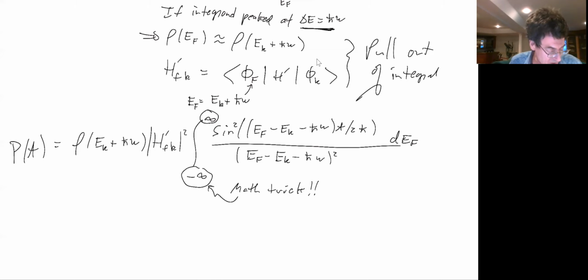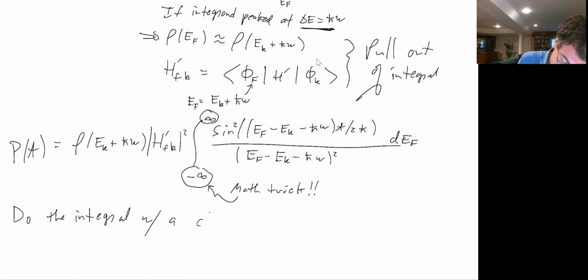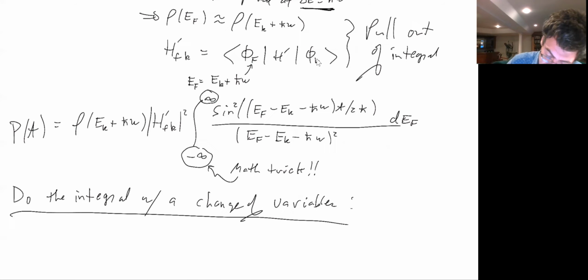And to do the integral, we're going to do another math trick. We can do this integral by doing a change of variables. It's a cute little math trick.